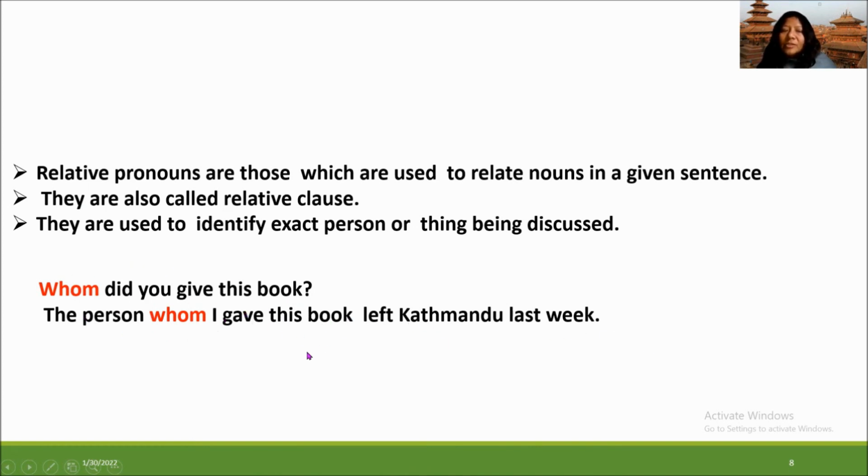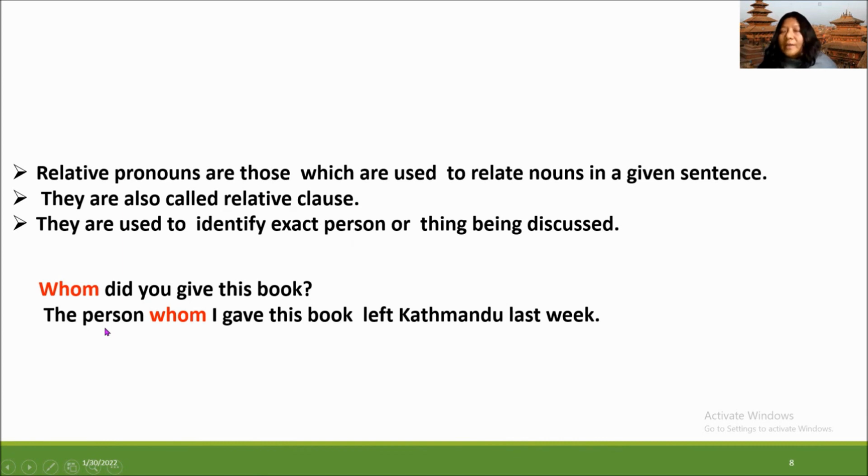So in both sentences, whom is used. But in the first sentence, whom is used to ask a question, so it is an interrogative pronoun. In the second sentence, whom is used just to identify the exact person, so this is a relative clause. There are many persons, and who left Kathmandu last week?